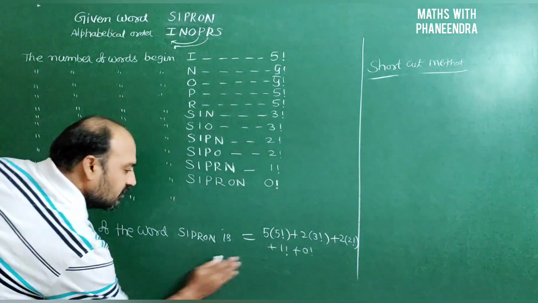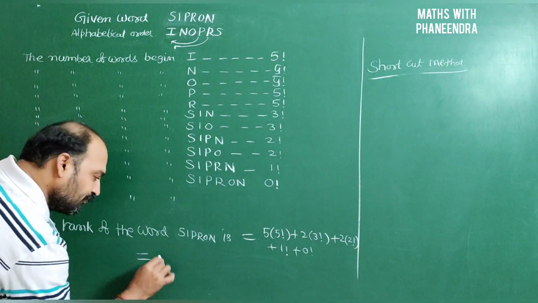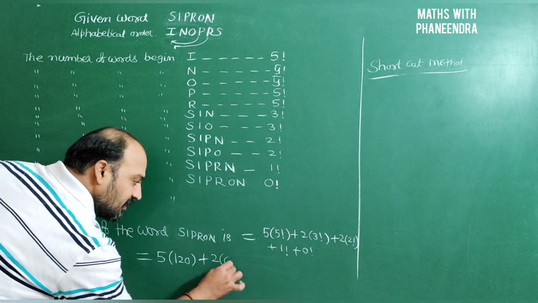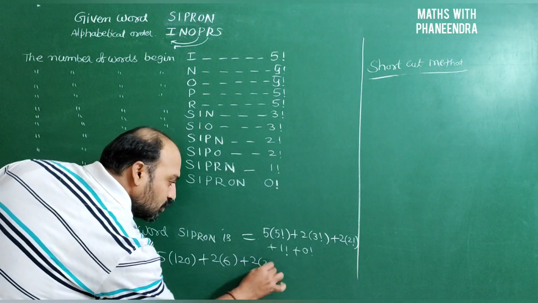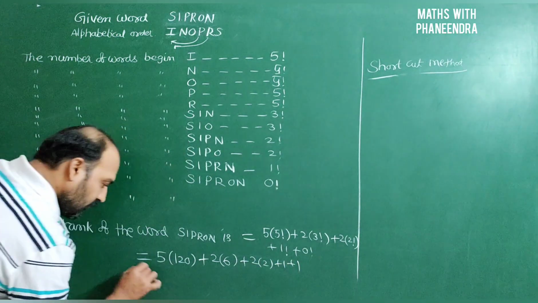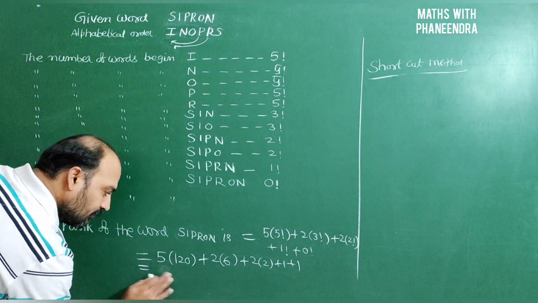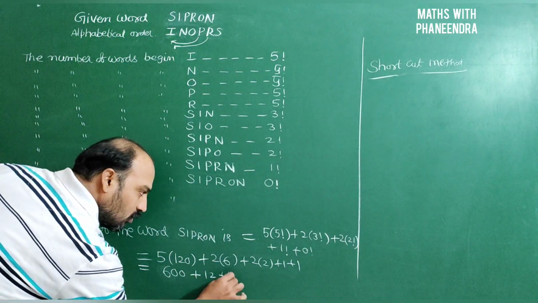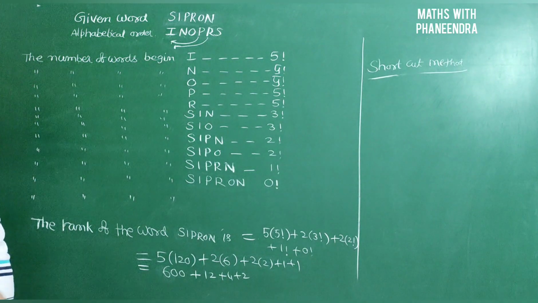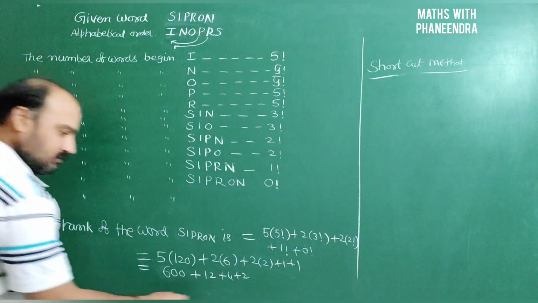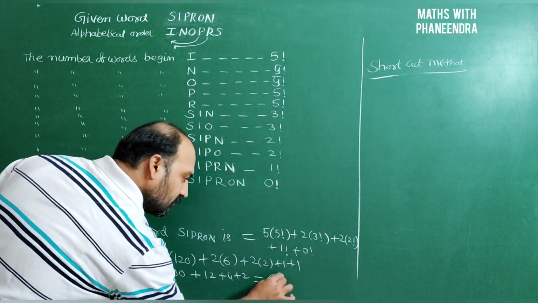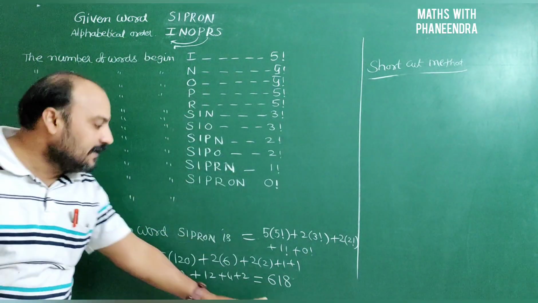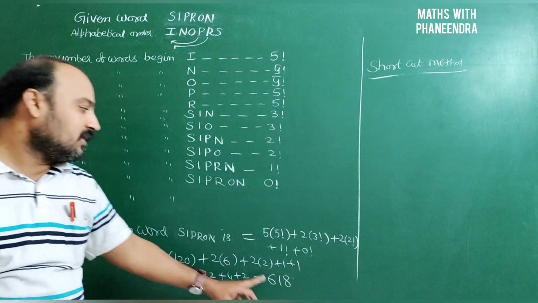Here I will write it because of space convenience. 5 into 120 plus 2 into 6 plus 2 into 2 plus 1 plus 1. So 5 times 120 is 600 plus 12 plus 4 plus 2, 18. So 618. So the rank of the word Cipron is 618.